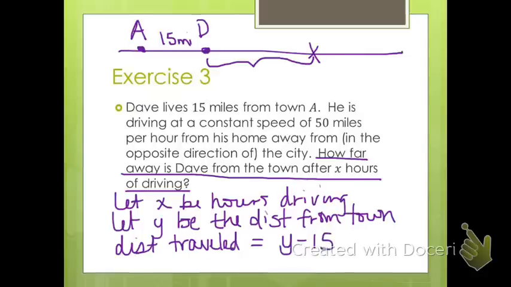Okay, so we're going to have to remember those. Hopefully you have those written down because we're going to use them on the next page here for a minute. So x is our hours driving, y is the distance from town, but the distance he travels is actually y minus 15.